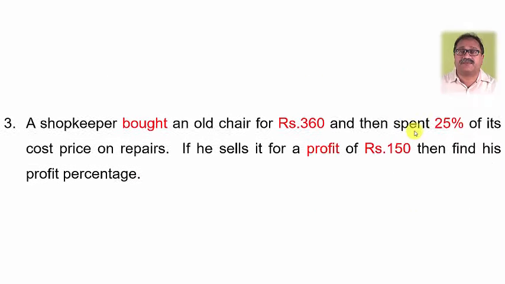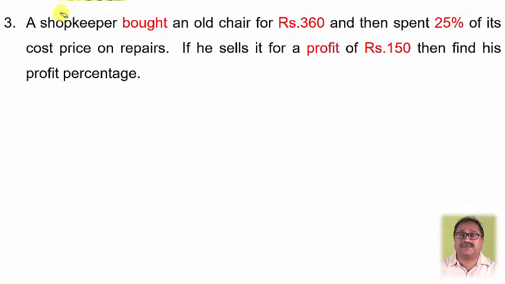Question number 3. A shopkeeper bought an old chair for rupees 360 and then spent 25% of its cost price on repairs. If he sells it for a profit of rupees 150, then find his profit percentage.